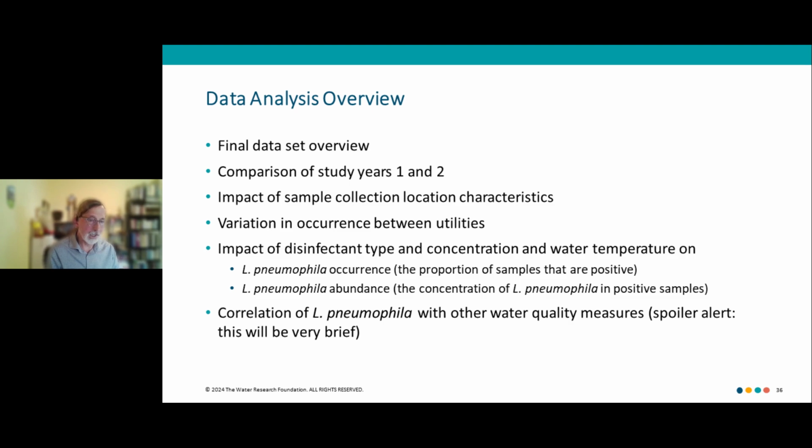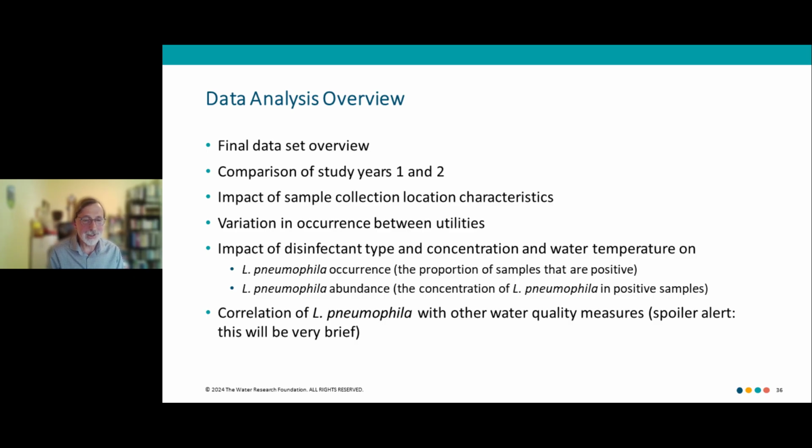And I'll take a moment to say occurrence, as I use it here, is the proportion of samples that is positive. So it's just any positive, no matter what the concentration, that's an occurrence. The Legionella pneumophila abundance, and I might in some cases use the word concentration, that's in a positive sample, the count, how many Legionella bacteria per 100 milliliters or whatever the unit is.